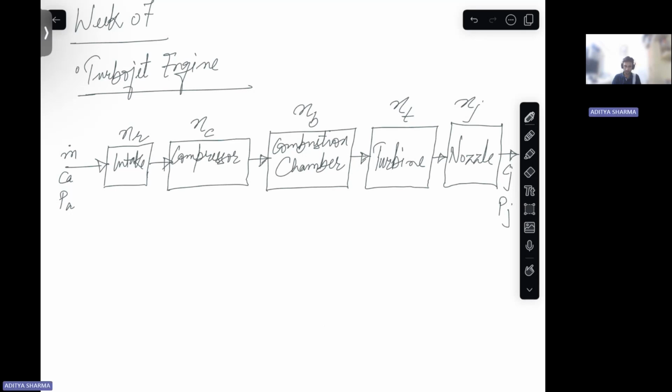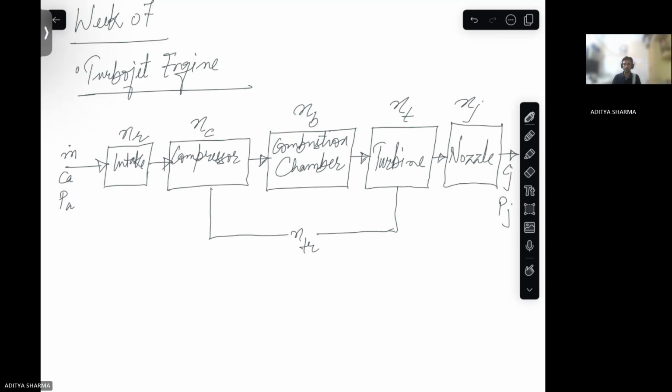Then there is efficiency of transmission, because we know that our compressor is being run by our turbine.